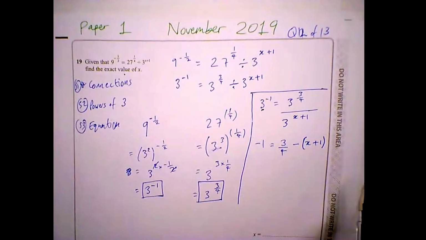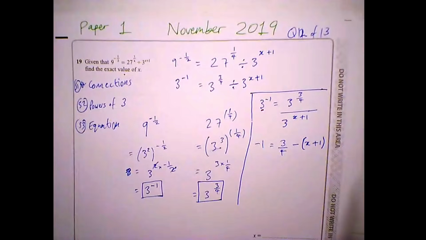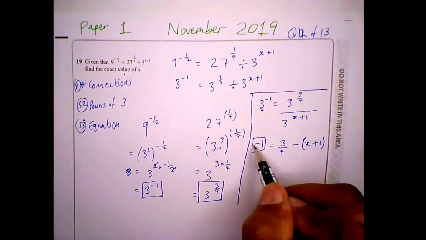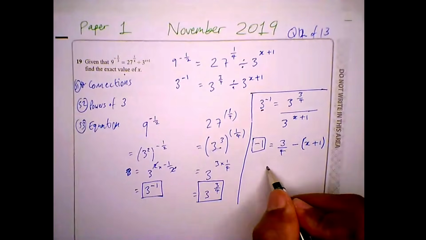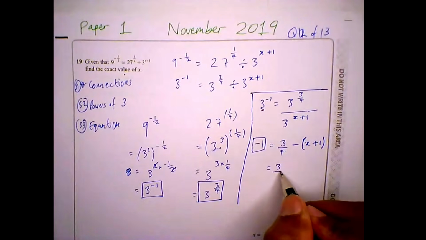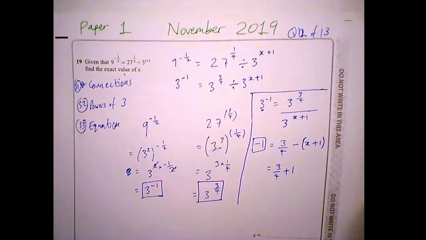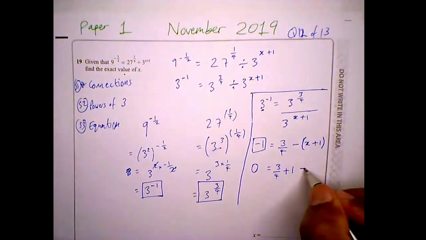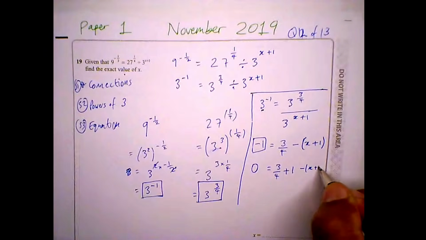Okay, so what I am going to do now is, you can do this many ways. I want to keep everything positive, so I'm going to bring this to the other side. So opposite of minus 1 is plus 1, so I'm going to have 3 over 4 plus 1. And this now becomes 0. So 3 over 4 plus 1, and that's minus x plus 1.